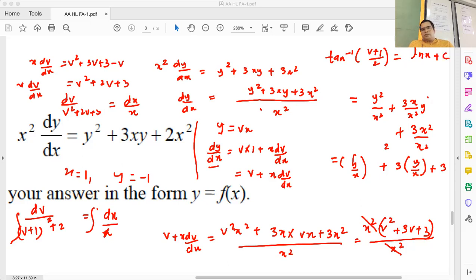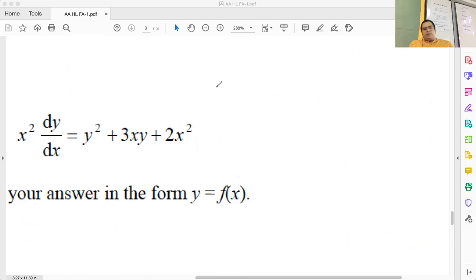I'm going to erase all of this and clear out the drawing. Actually, that integral was not correct: it should be tan inverse of (v plus 1 over root 2) times 1 over root 2, equals ln x.